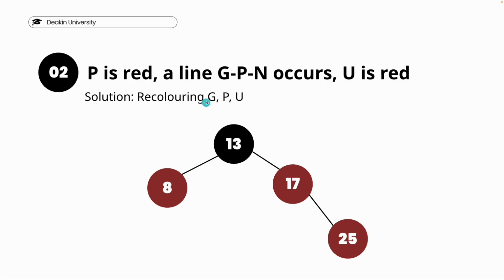We just recolor the parent, grandparent, and the uncle like that. Then you notice that the root 13 is red, so that comes to the first scenario where the root is red. So very simple, we just recolor the root to black, and then we are done. And move to the next scenario.